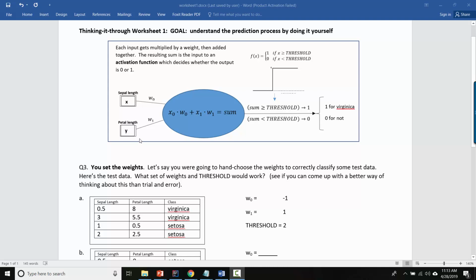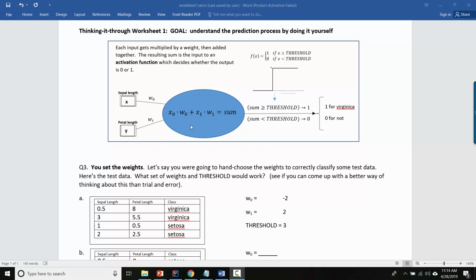And let's look at the prediction of one of the groups. So one of the groups said that they wanted W0 to be -2 and W1 to be +2, and the threshold to be 3. And if you do the math for each one, you can see that that's going to work.